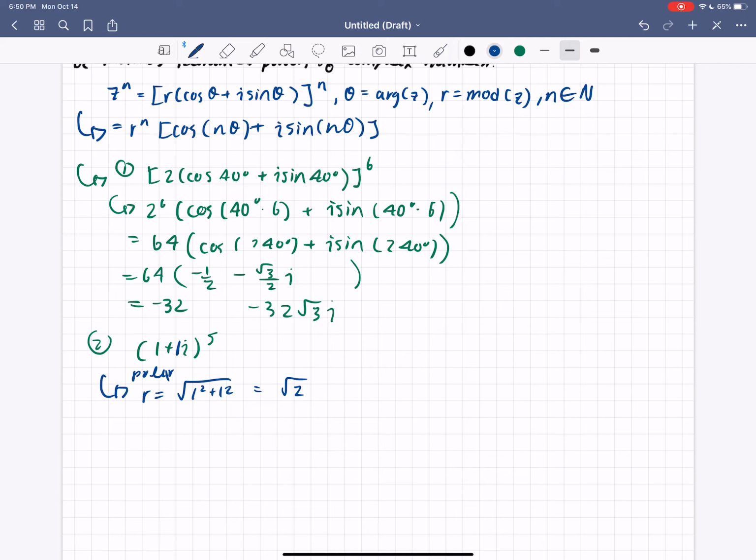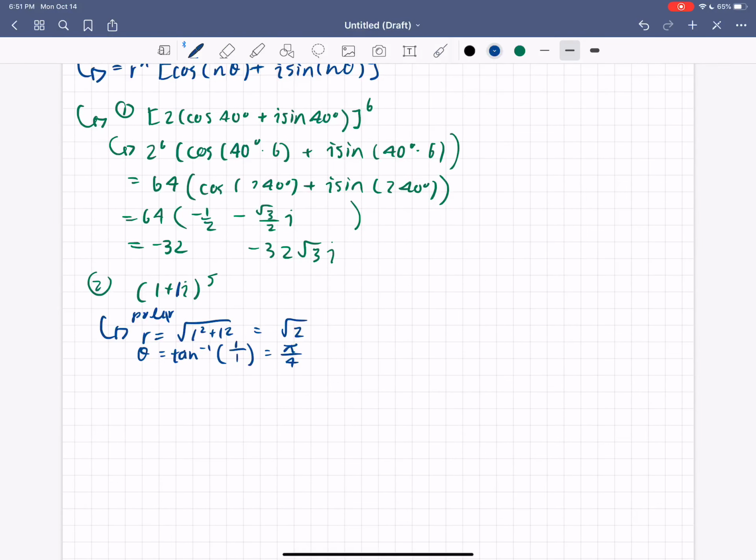We also calculate our argument theta. First we determine what quadrant this is in, and we know that both our real number and our imaginary number are positive, so it's in quadrant 1. So our formula would be tan inverse of 1 over 1, and this is equal to, sorry, not root 2 over 2, pi over 4 in radians.